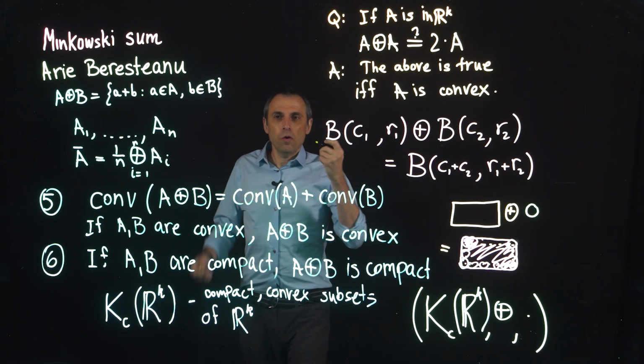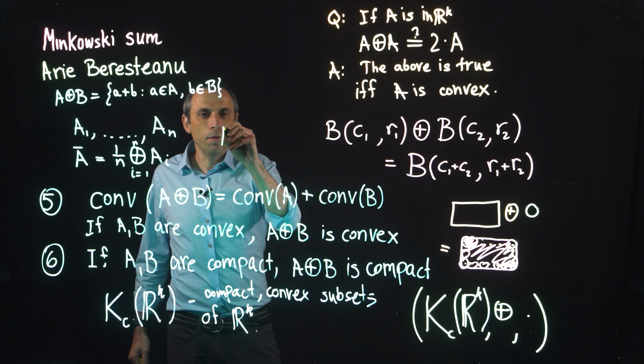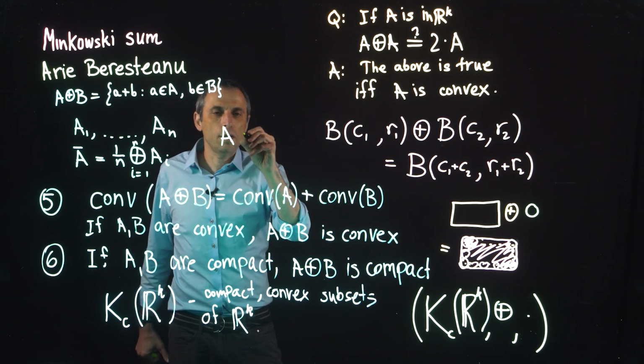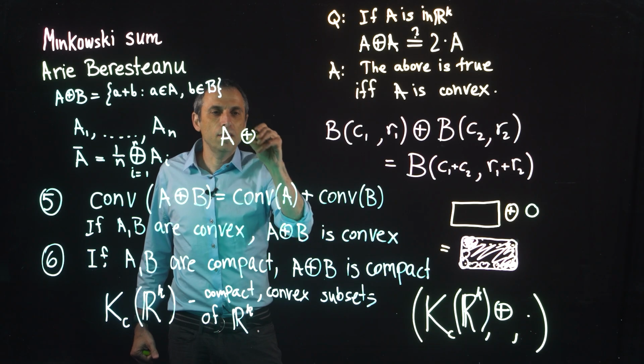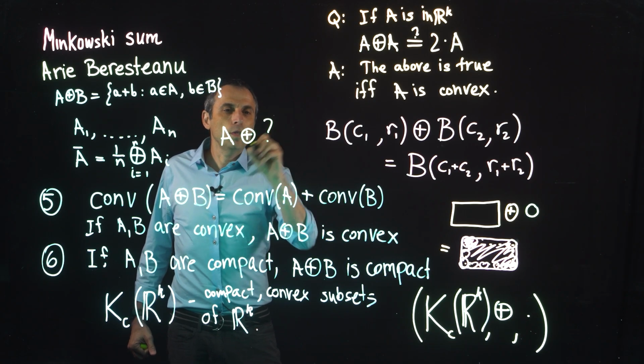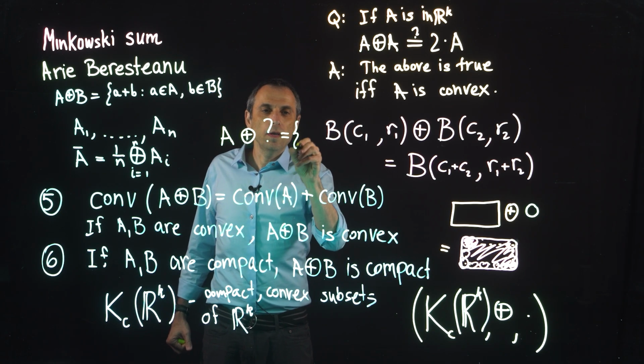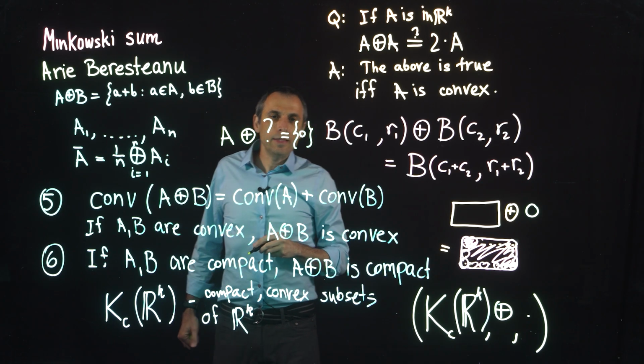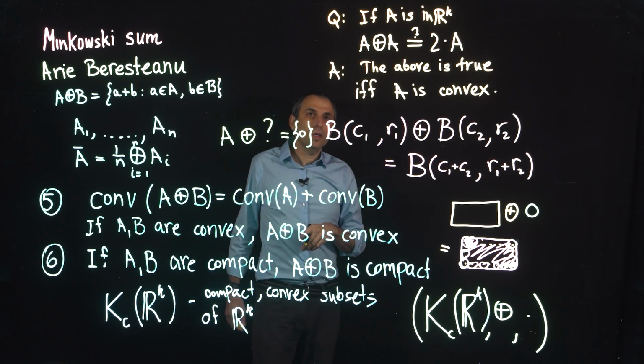Great. So if I have A, and A is a set, can I find something to put here such that the summation will be equal to 0? And the answer is no. It's not possible. There is no minus A to add.